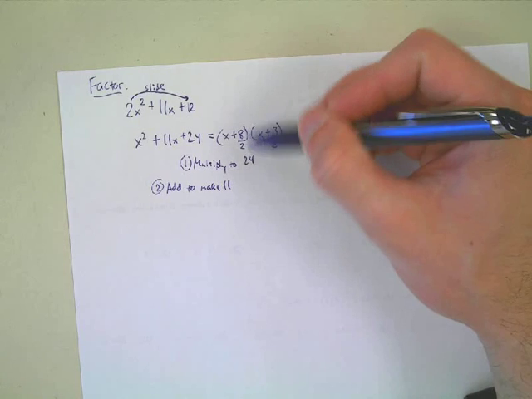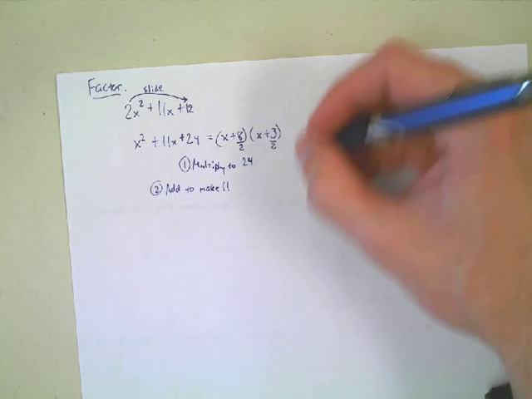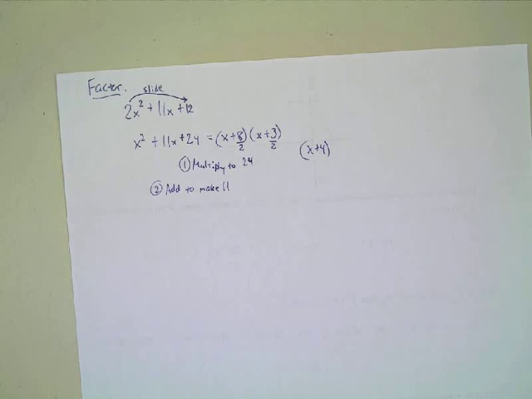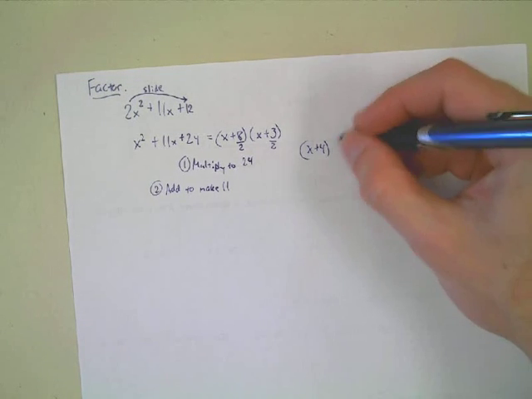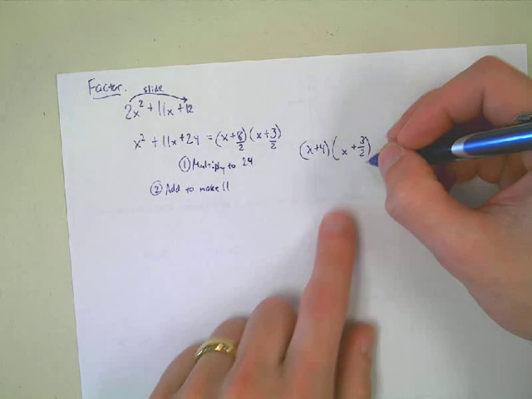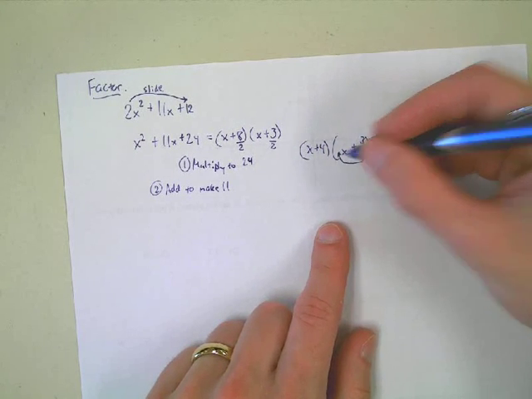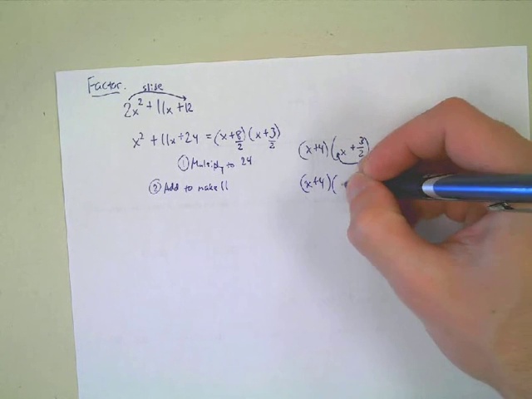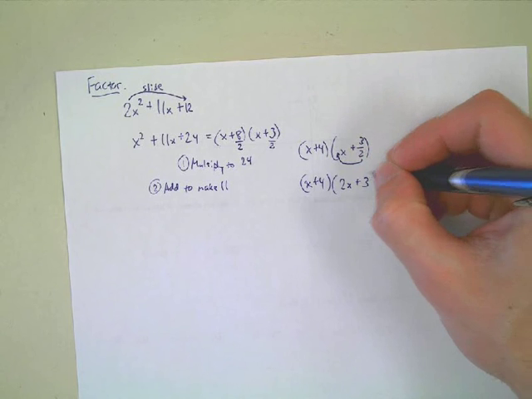So this just becomes x plus 4. Does 3 divided by 2 simplify? No. So we're going to leave that as x plus 3 over 2. And then remember the denominator slides back in front of that x. And so we get x plus 4 times 2x plus 3. And there's the answer.